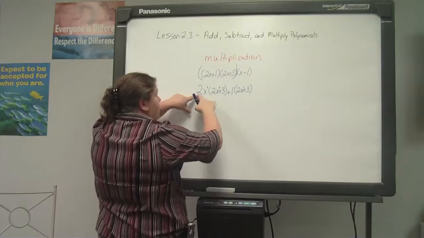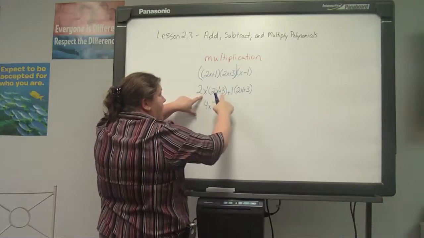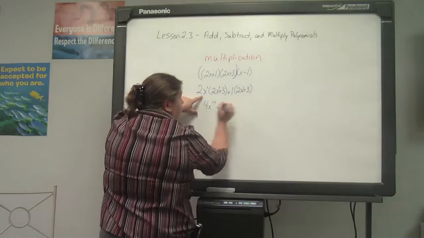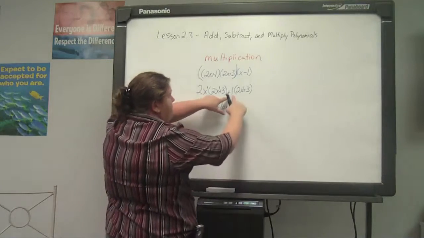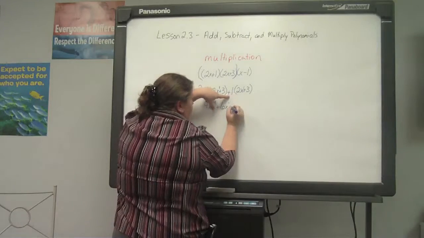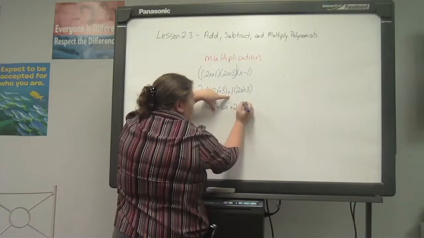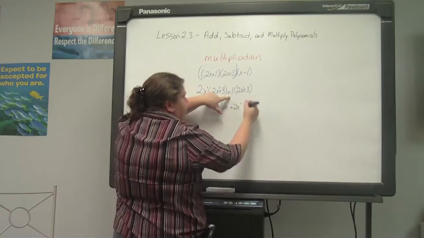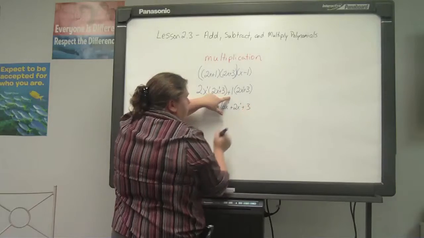All right, then I have 2x to the first times 3, which gives me 6x to the first. I'm going to come over here and I'm going to distribute. 1 times 2x gives me 2x, and again to the first power. And then 1 times 3 gives me plus 3.